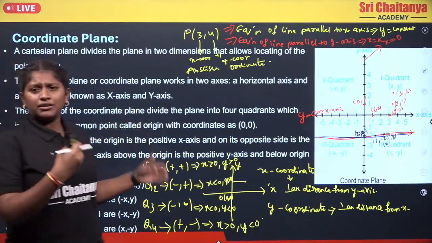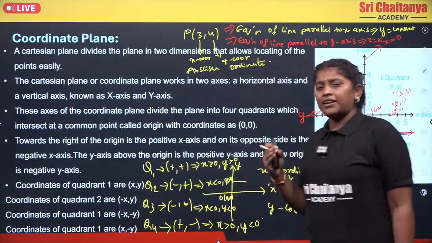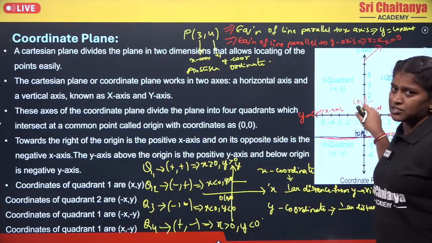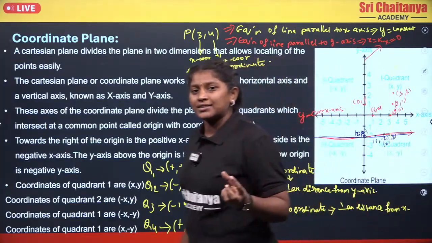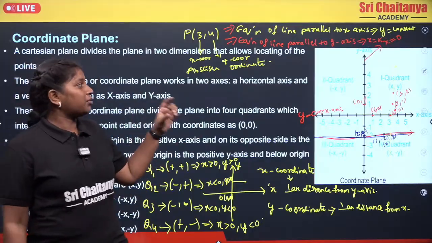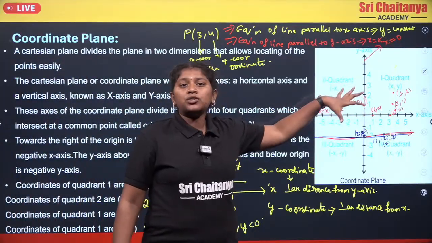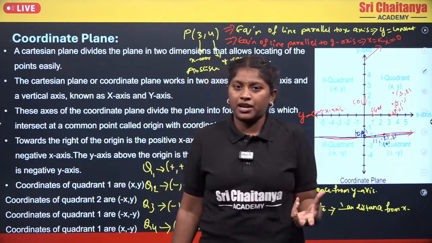You can take the inverse. For the x-axis we have y equals 0, and for the y-axis we have x equals 0. In the same way, the equation of a line parallel to the x-axis will be y equals some constant value, and the line which is parallel to the y-axis will have the equation x equals some constant value.